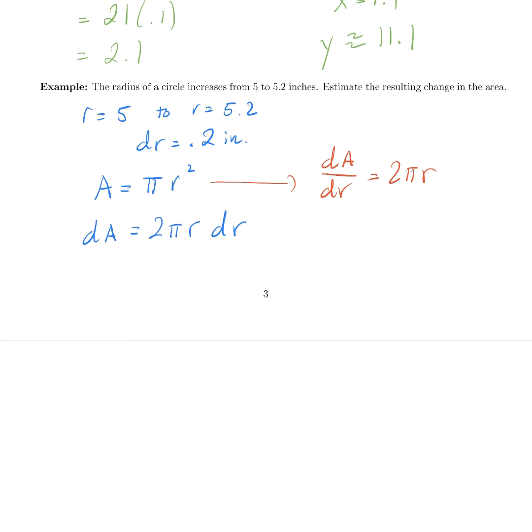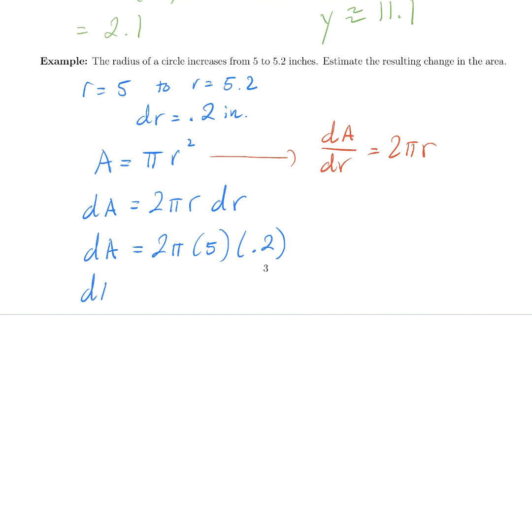We've been asked for the change in area, so we've been asked to find dA. So dA is 2 pi times the radius, which was 5, times the change in radius, which is 0.2.